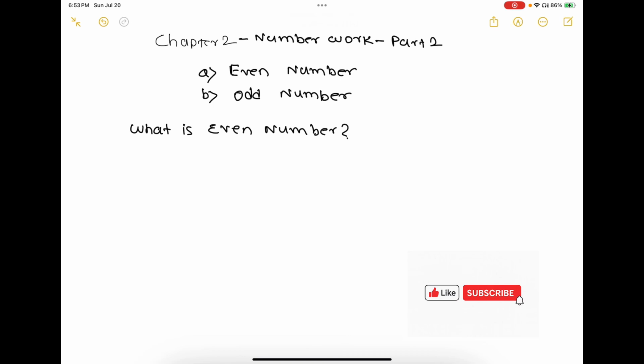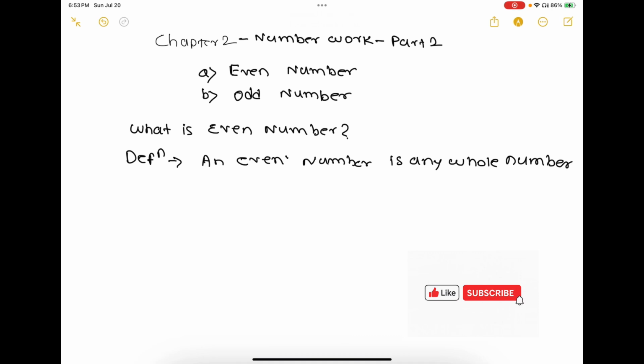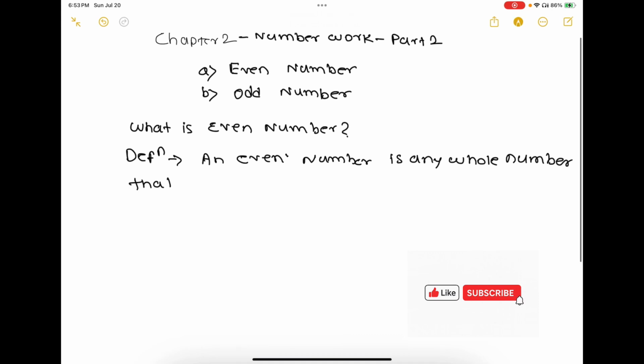What is even number? What is the definition of even number? The definition is: an even number is any whole number that is divisible by 2, leaving no remainder.